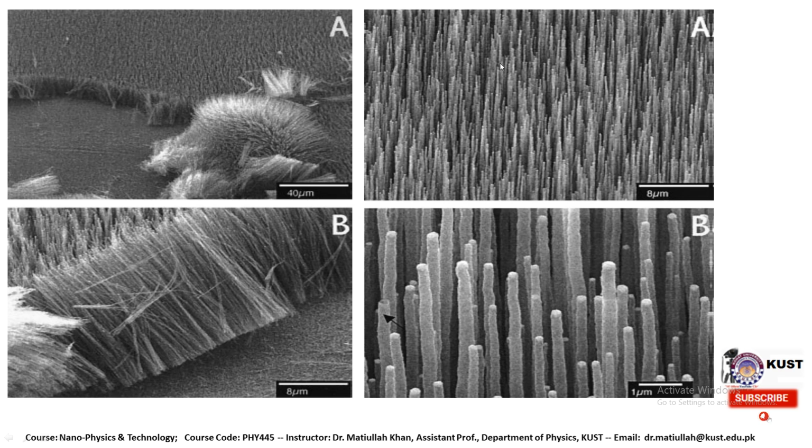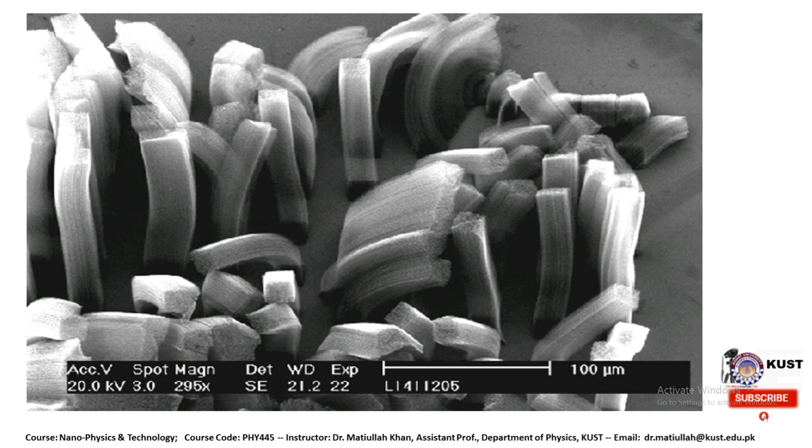If we look at the other material at 8 micrometers, it is further magnified, and at 1 micrometer we can easily observe the regular arrangement of these tubes along specific directions. This is another example where we can see the arrangement of the nanotubes in different orders.